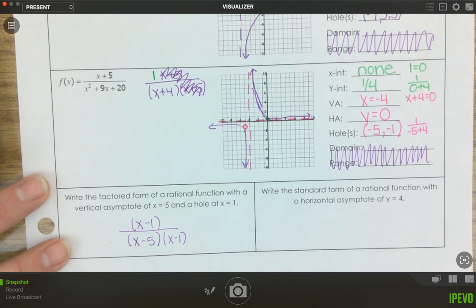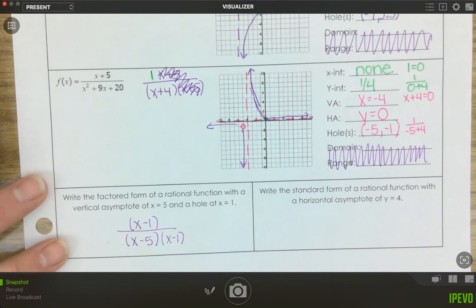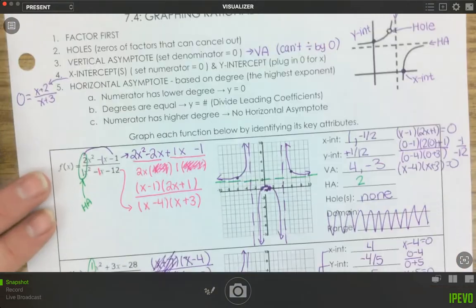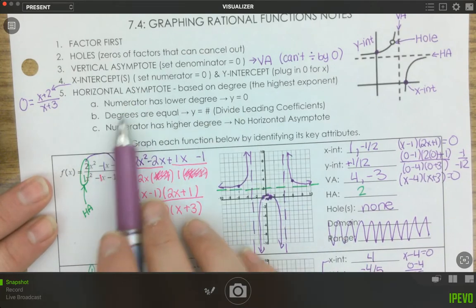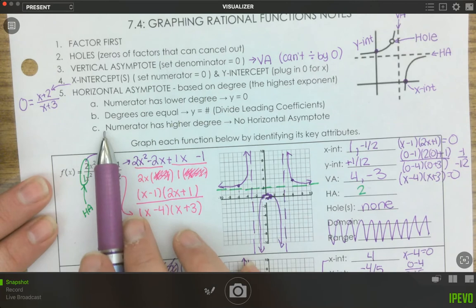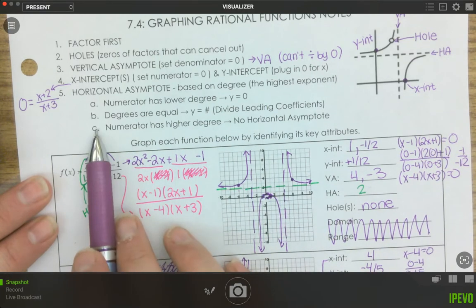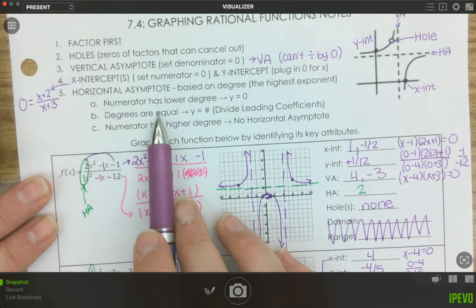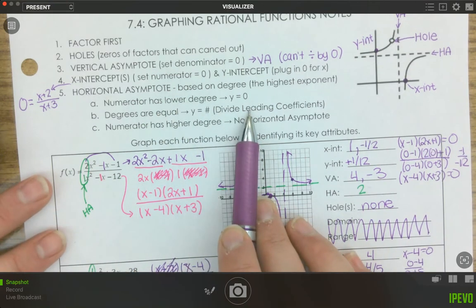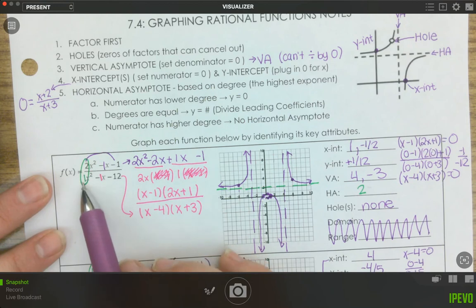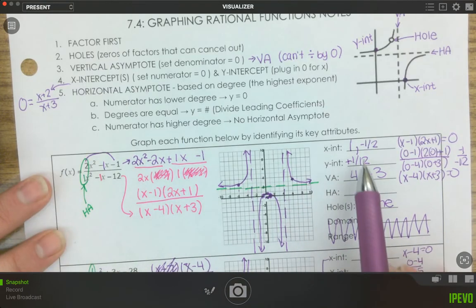Over here, it wants us to write the standard form of a rational function with a horizontal asymptote of y equals 4. Let's go back to our horizontal asymptotes. This one's y equals 0, so we can't have this one. This one doesn't even have one, so it's not C. And for B, the degrees have to be equal, but the number is the leading coefficients being divided. Like this one was 2 over 1, so it was 2.